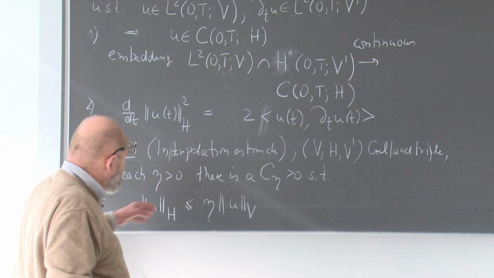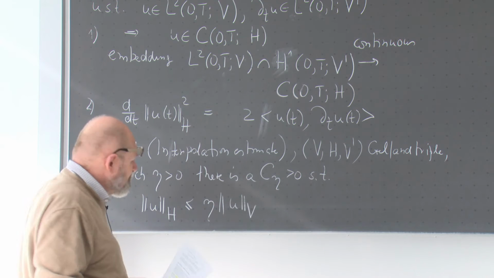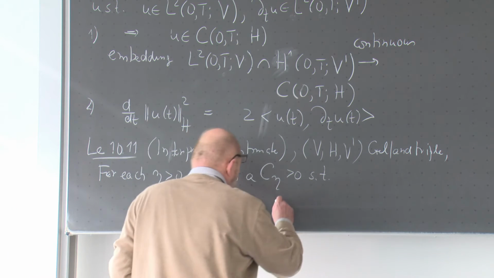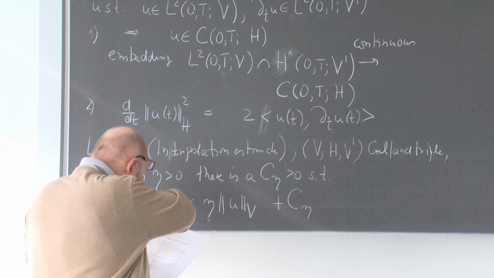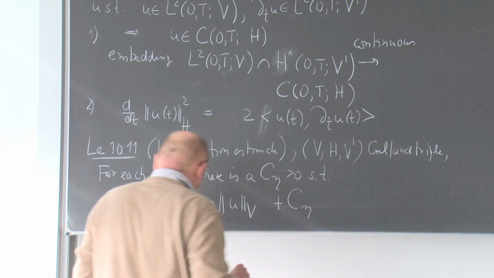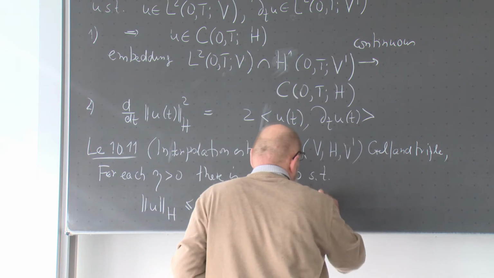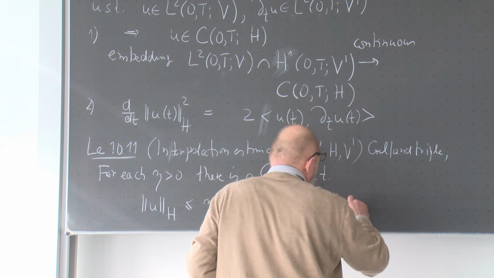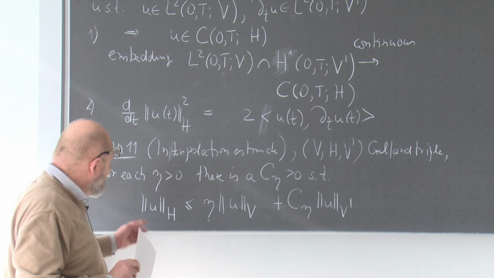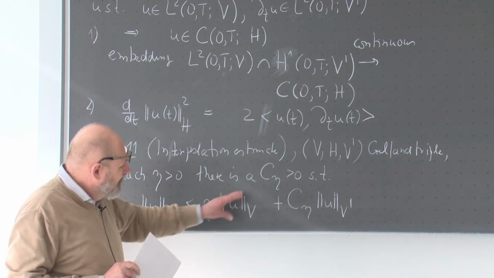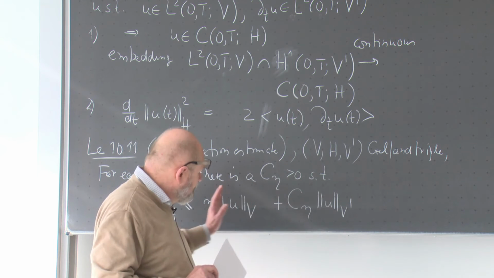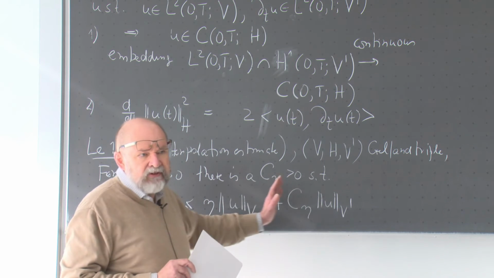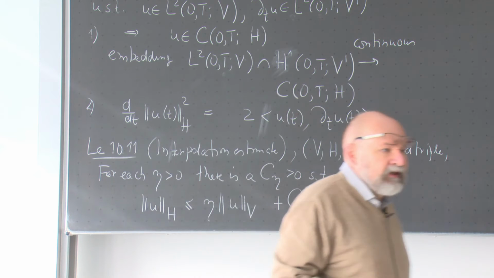The assertion is we can make this constant as small as possible if we allow, on the other hand, a large term, but now in a weak norm, the V prime norm. So in this sense, we have an interpolation of the H between these two spaces, the smaller one and the larger one, and we can shift the weight between these two spaces.